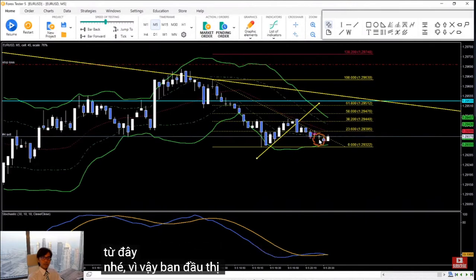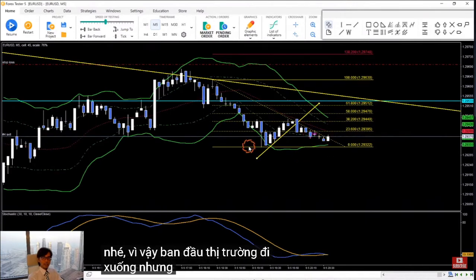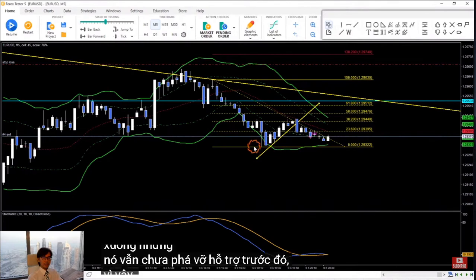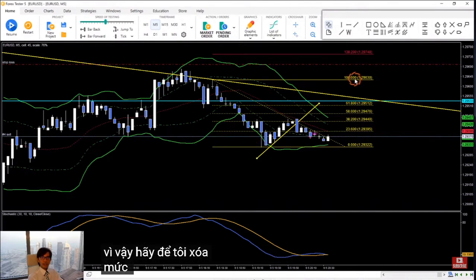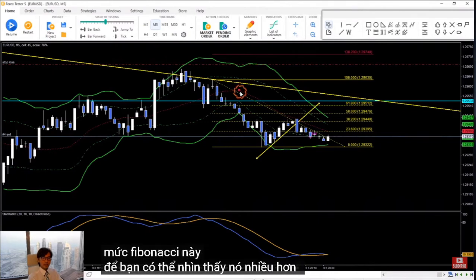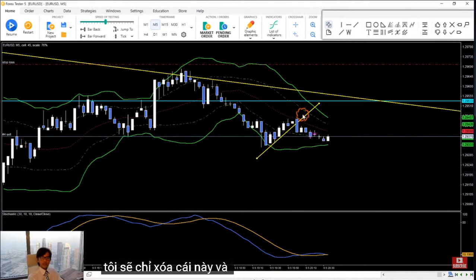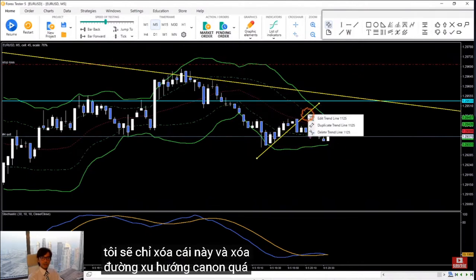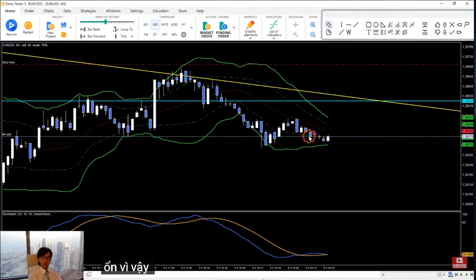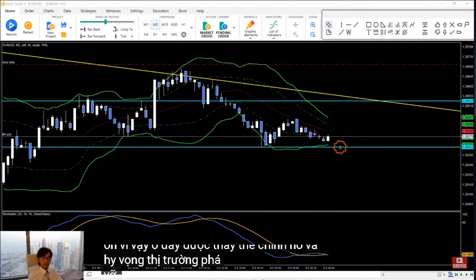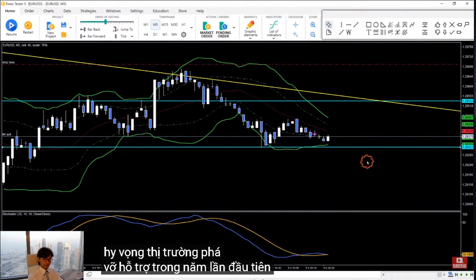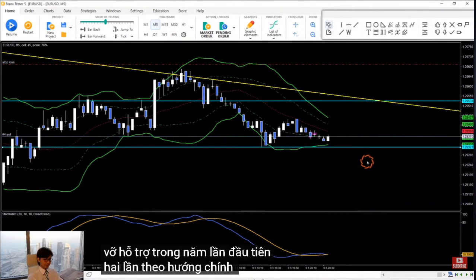Okay, so initially the market goes bearish, but it still doesn't break the previous support yet. So let me delete this Fibonacci level so that you can see it more clearly. I will delete this one and delete the counter trend line too. Okay, so here we placed the sell and we are expecting the market to break the support in the 5-minute chart towards the major direction. So let's see.